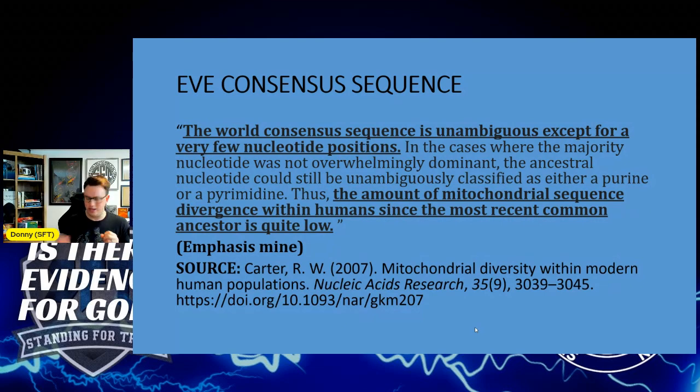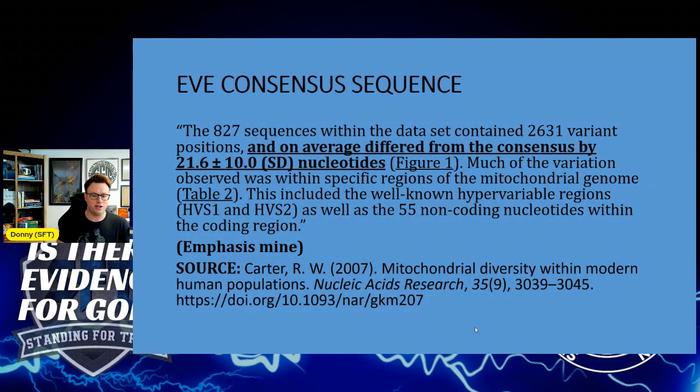Okay, so the mean or the average was right here. We can see from the paper itself, the 827 sequences within the data set contain 2,631 variant positions, and on average differed from the consensus by about 21.6. Okay, so we could say less than 30 DNA differences removed from the Eve consensus sequence. And so from Eve to getting that amount of variation, it's trivial. Okay, we're not looking to fixation.